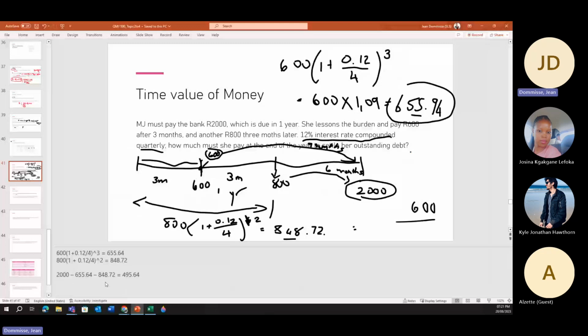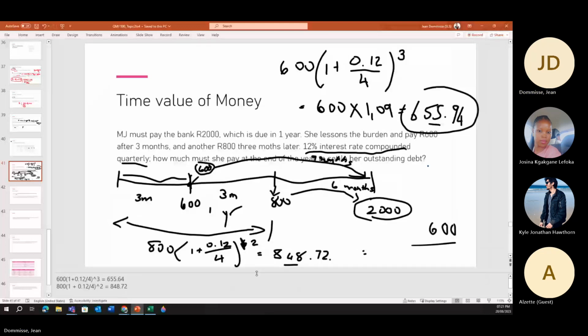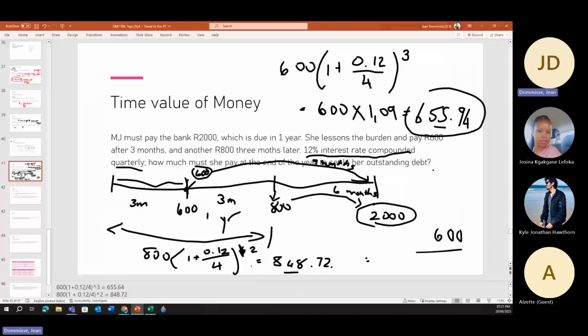And that discount that she's getting is that for that 9 months on the 600, she didn't need to pay extra. And that 6 months on the 800, she didn't need to pay extra. So she basically got just more than 100 rand discount on what she needed to pay.